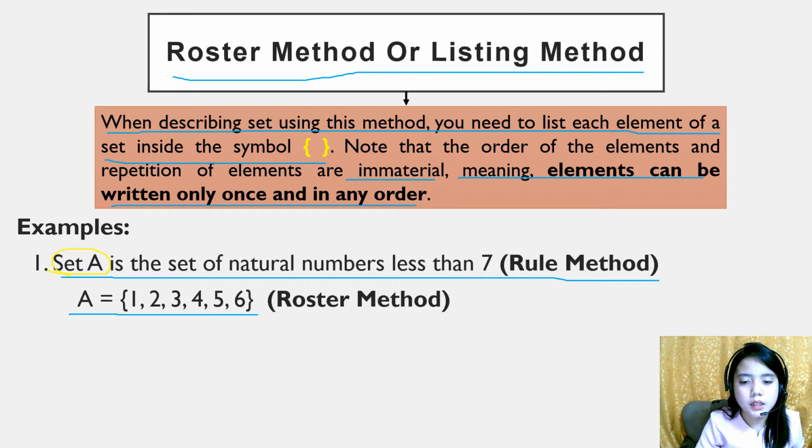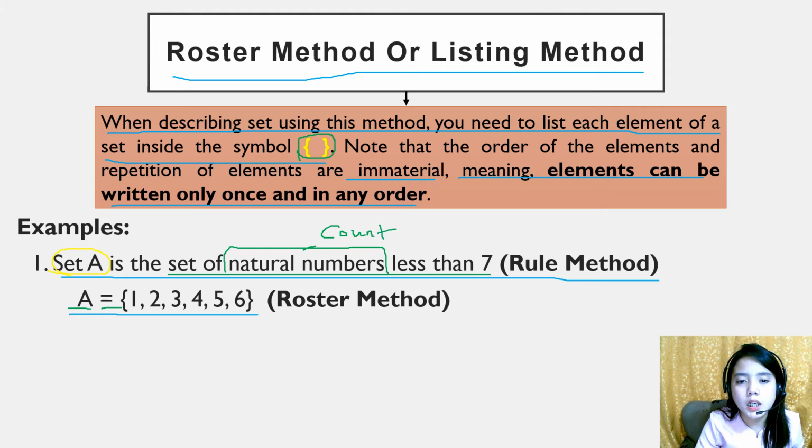So, isulat nato si capital letter A, then the equal sign, tapos, unsa gay gamiton? Braces. Okay? You write the braces, unya, unsa may giingon? Set of natural numbers less than 7. Unsa ganing natural numbers? When we say numbers, we are referring to the counting numbers.